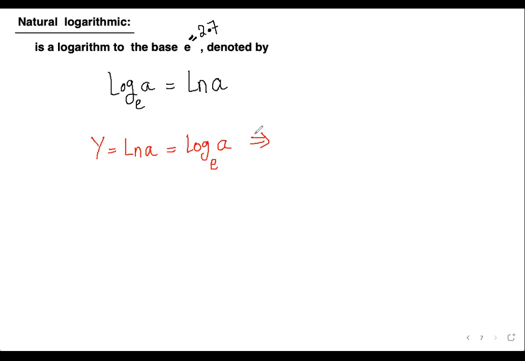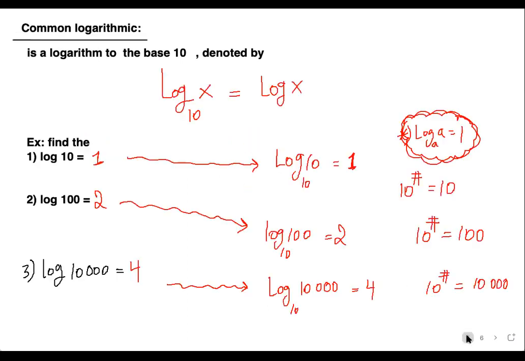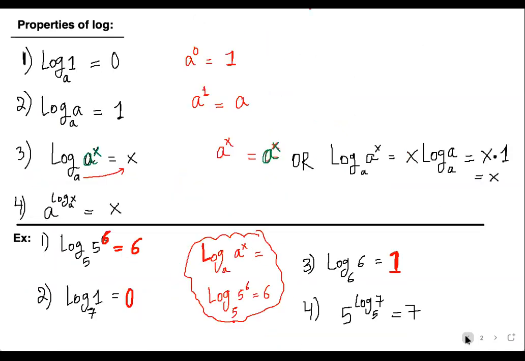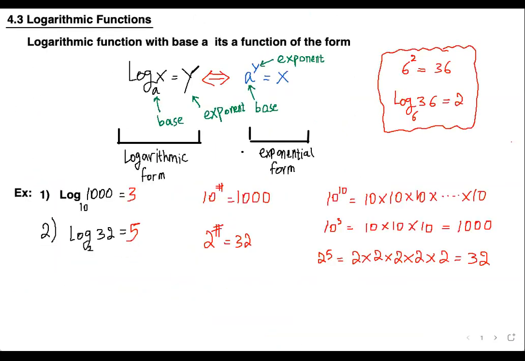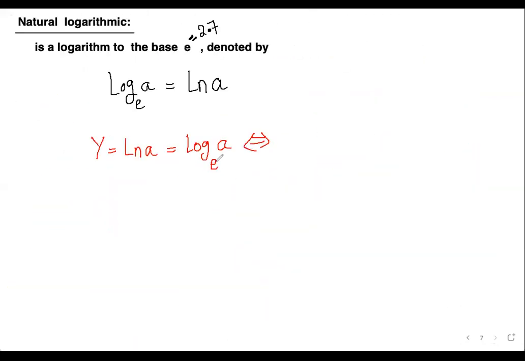Like before, for the logarithm, at the beginning of this class, a to the power y equal x, changing the logarithm to the exponential form. Same thing here. e to the power y equal what? a. e to the power y equal a.